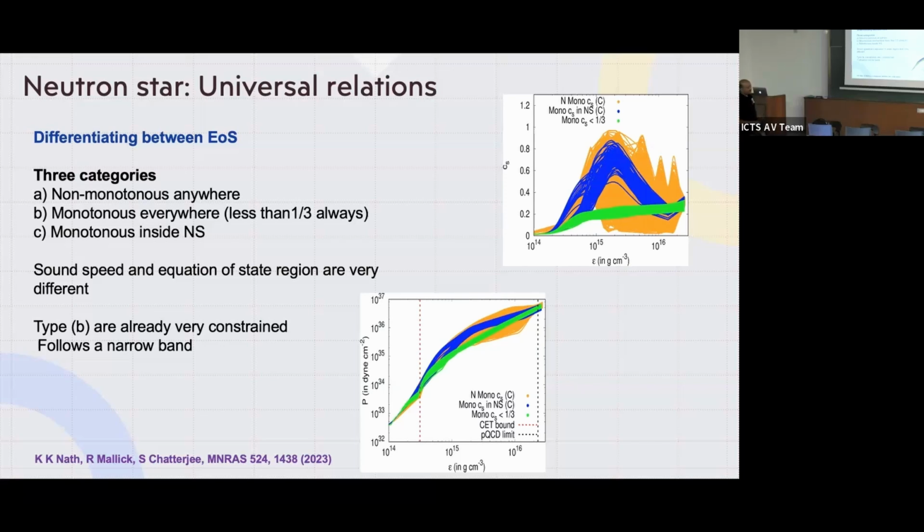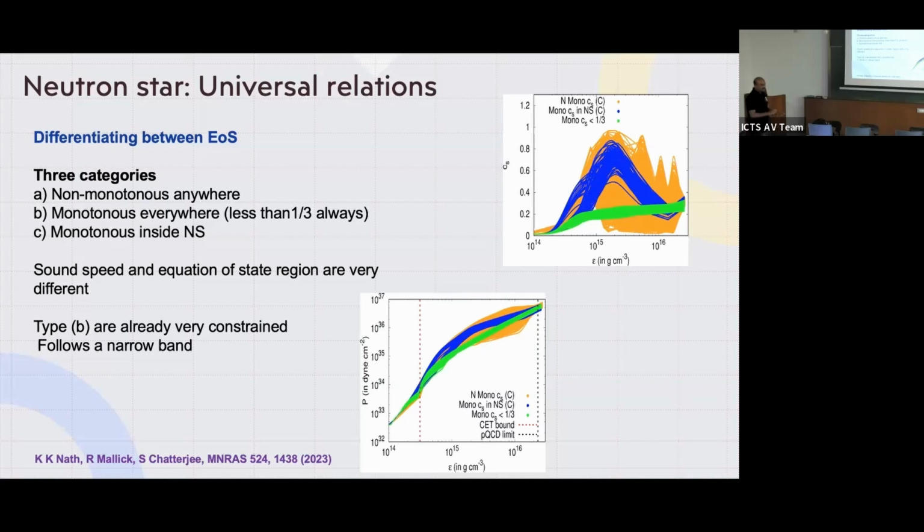Next, we change our criteria and say that it has to be monotonous everywhere. That means it starts at very low density and then increases, but it will not cross the perturbative QCD limit, which is 1/3, and from almost 0 to 1/3 it should be monotonous.